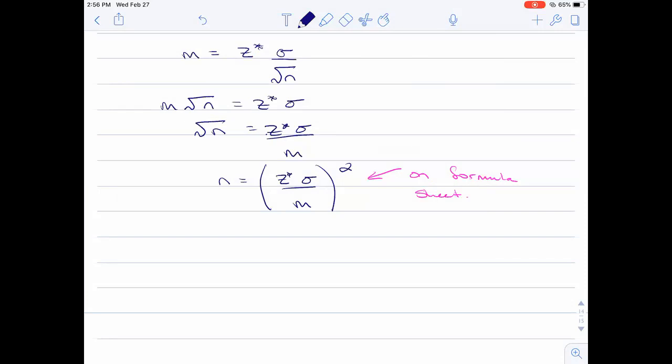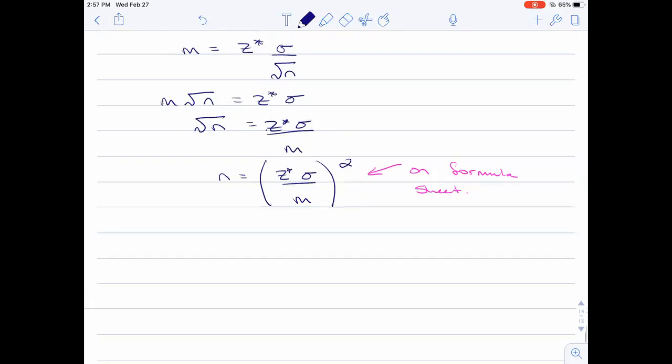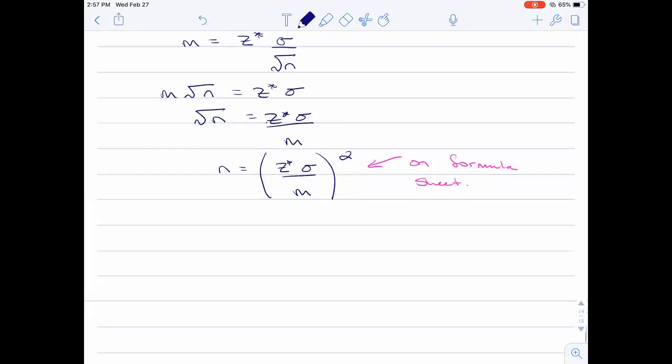So we want to decrease the margin of error to 2, with a confidence level of 95% again, and of course sigma is still 7. So how many wine tasters do we need to sample in order to bring that margin of error down? So example 6.